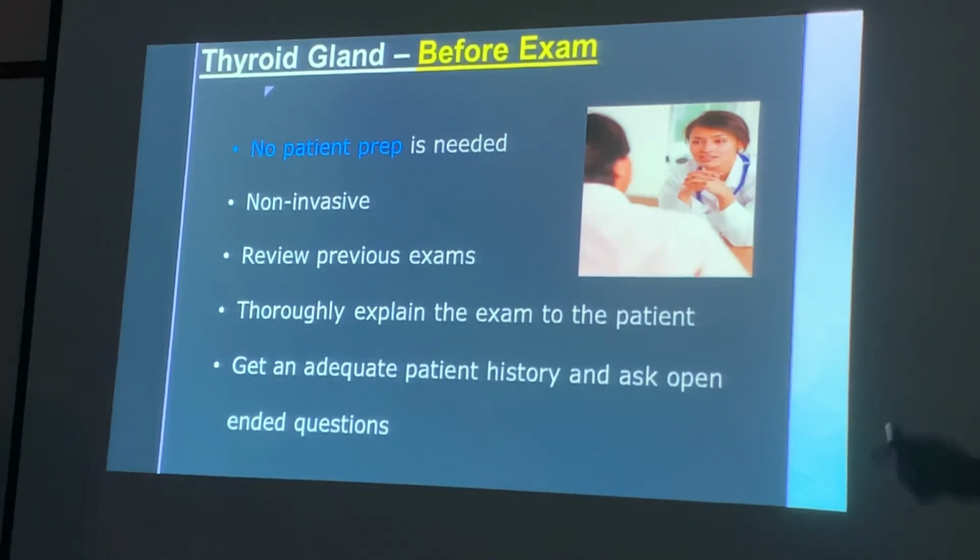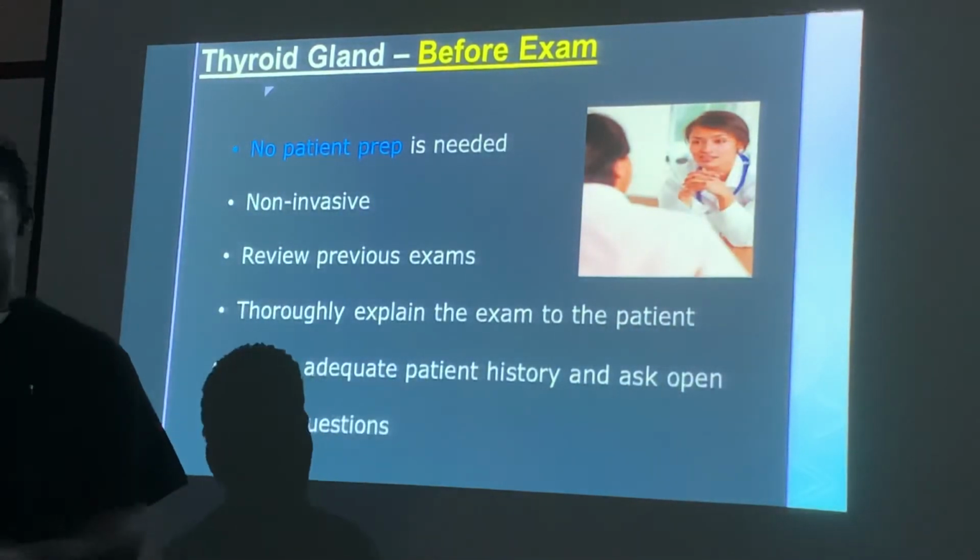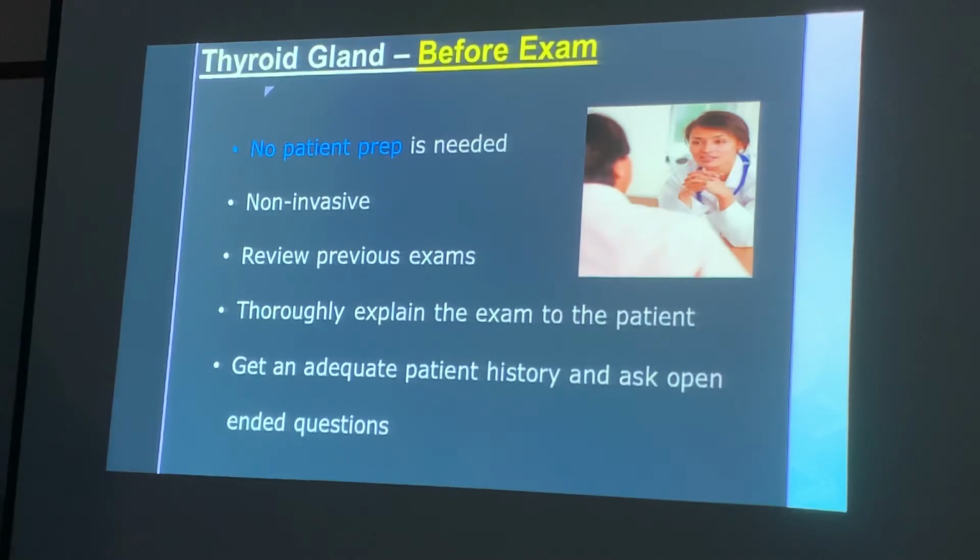All right. Get an adequate patient history and ask open-ended questions. Don't tell the patient what's going on; ask them in open-ended questions what's going on with them. For instance, can you tell me the last time you had a thyroid exam? What did they find on the last exam that you had?